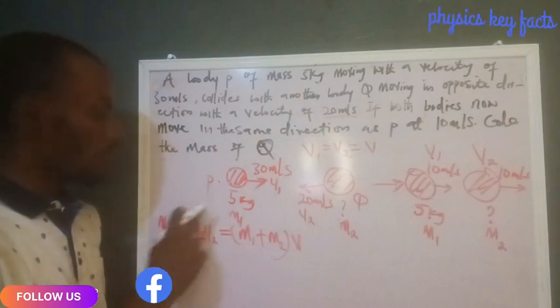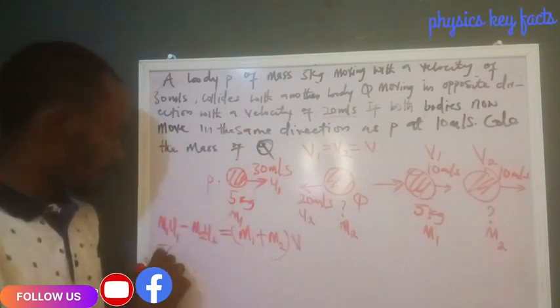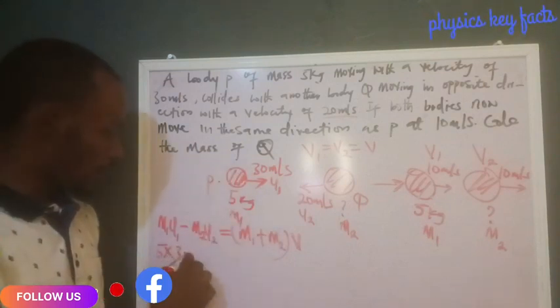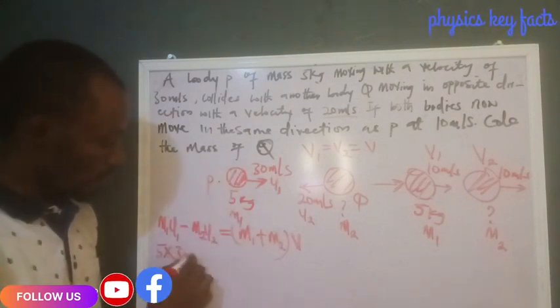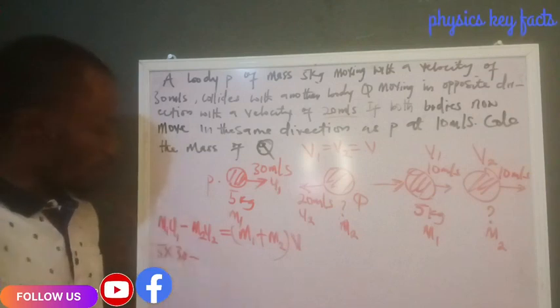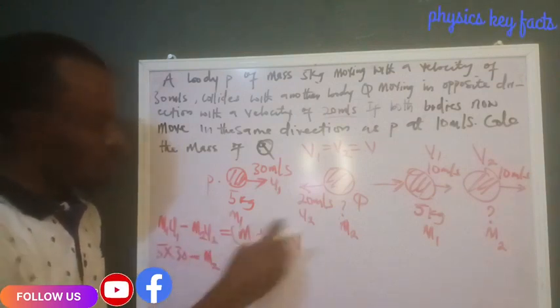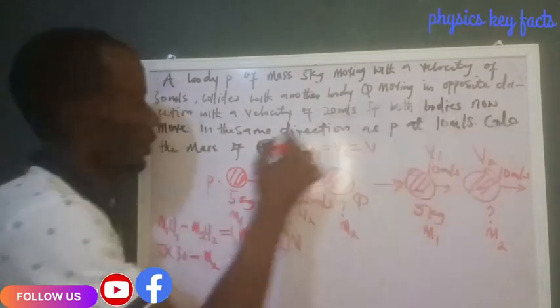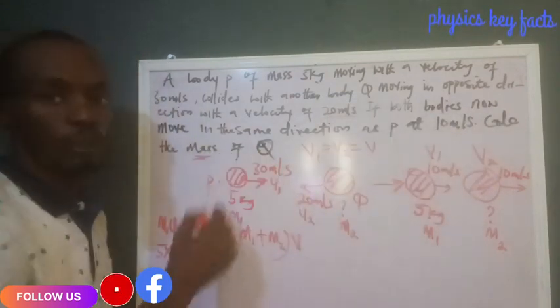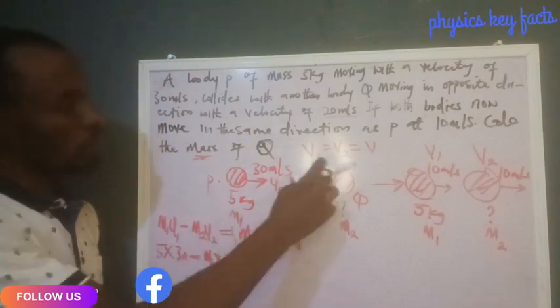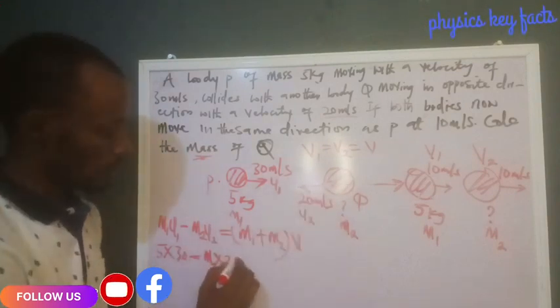So what is M1? M1 is 5. What is U1? U1 is 30 minus M2, which I don't know. That's what we are looking for, calculate the mass of Q. M2 multiplied by U2. What is U2? U2 is 20.